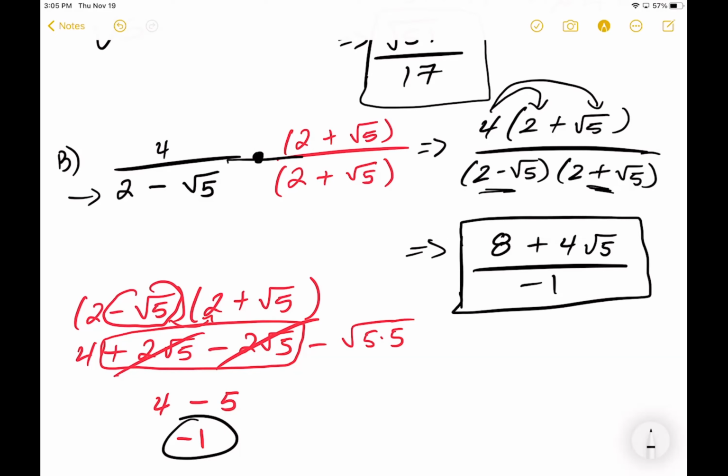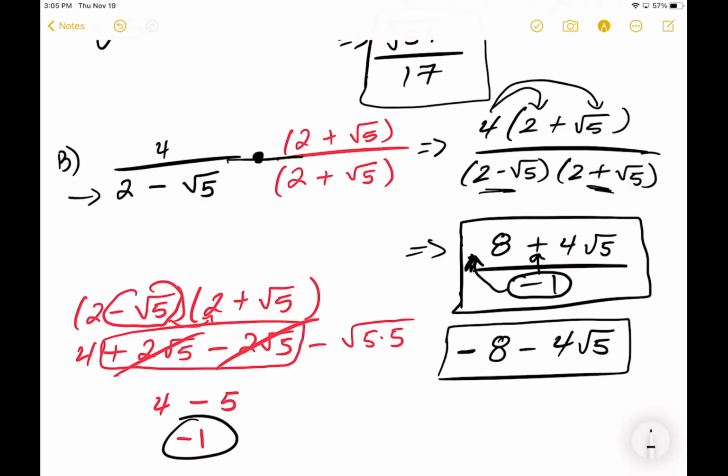The only thing is, because it's over -1, you need to take this -1 and distribute it to the whole item, so the whole thing converts to this. This is your answer, because anything over 1 is just itself. The only thing different now is it's over a -1, so you have to change the sign for every single item.